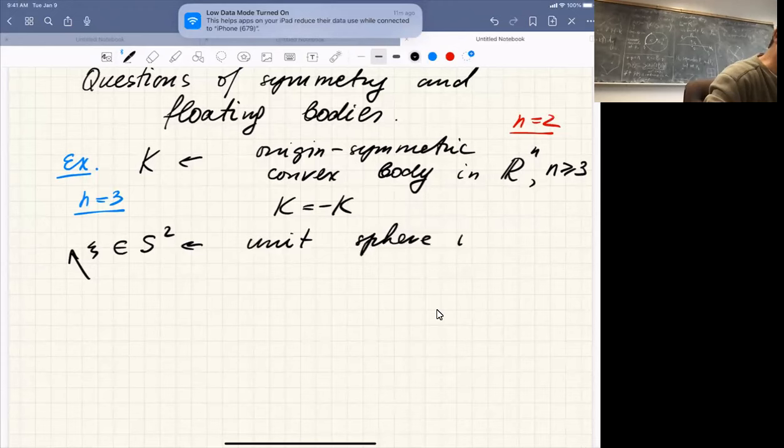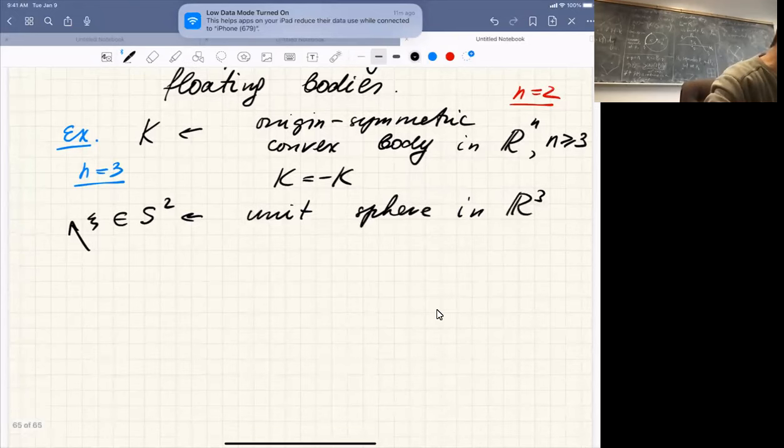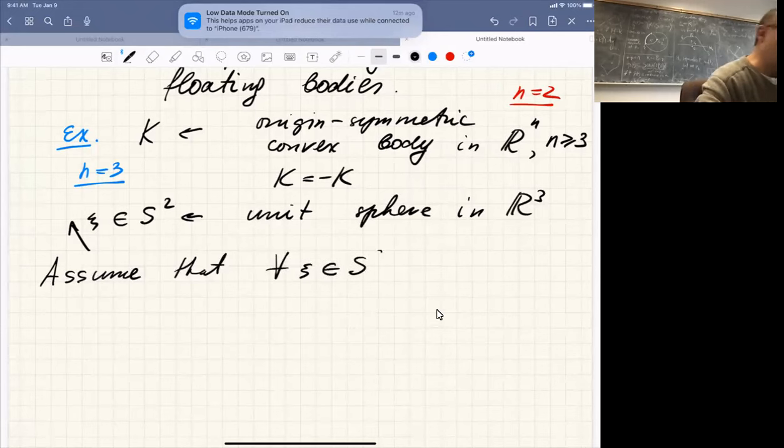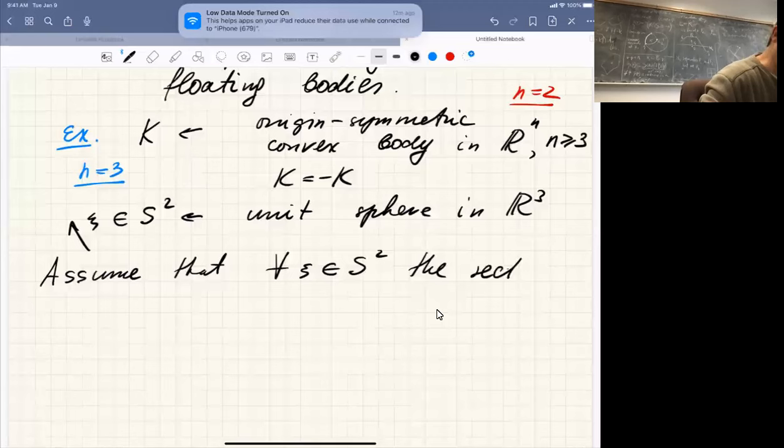Okay. And so the question is the following. Assume that for any direction xi in the 3-dimensional space, the section K intersection xi perp of your body, so let me draw the picture.